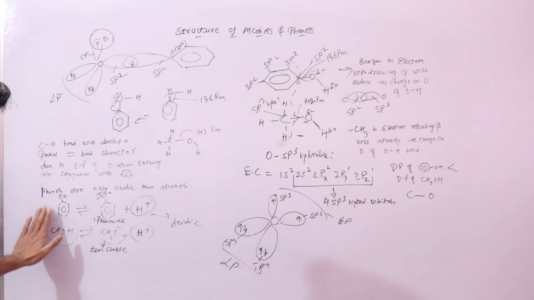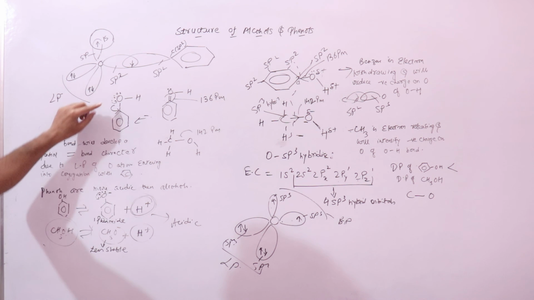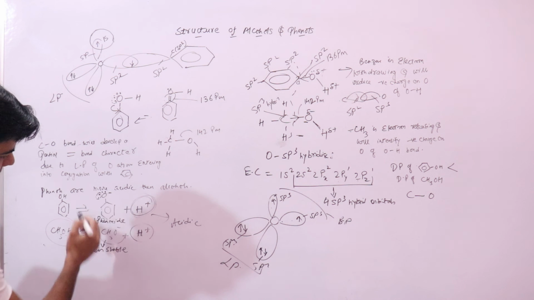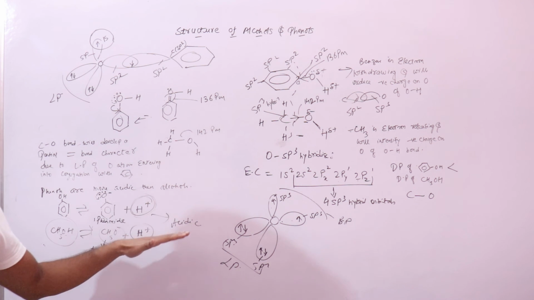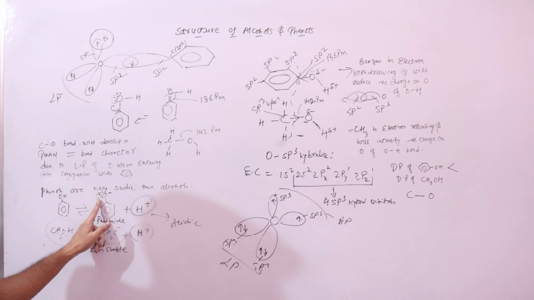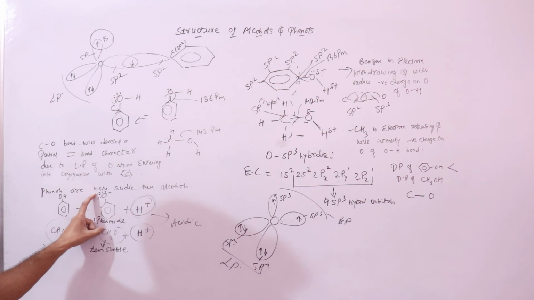And coming to the acidity, phenols are more acidic than alcohols. When you add phenol to water, it will be more acidic. Why? Because the forward reaction is favored, because your phenoxide ion is more stable. Why is it more stable? Because the lone pair on oxygen enters into conjugation, or resonance, with the benzene ring, which makes the phenoxide ion more stable.